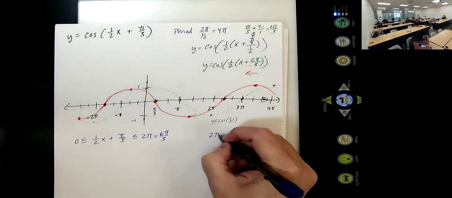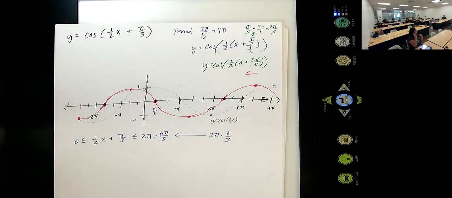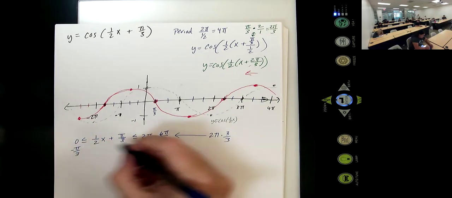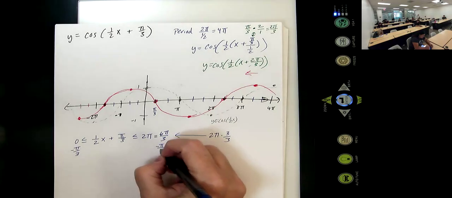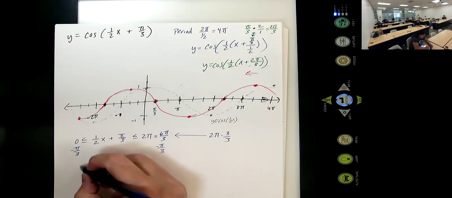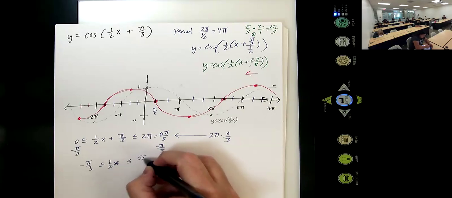So 2 pi times 3 over 3 gets me 6 pi over 3. Now, when I subtract pi over 3, it's a little easier to do. I have 1/2 x is between negative pi over 3 and 5 pi over 3.